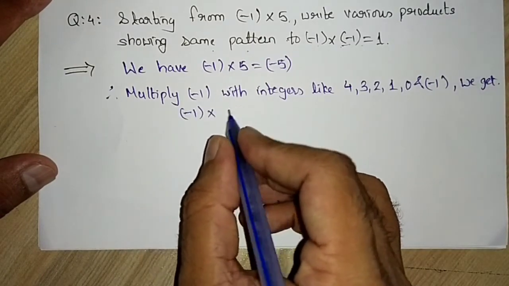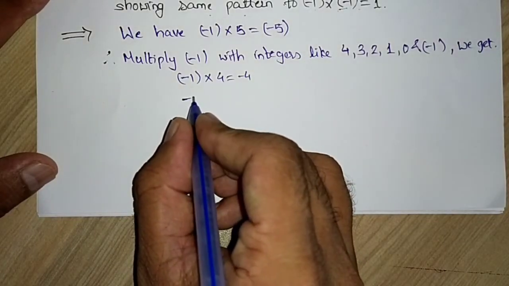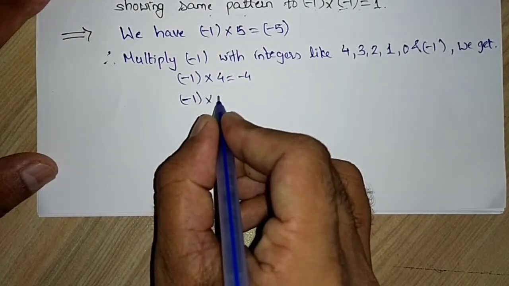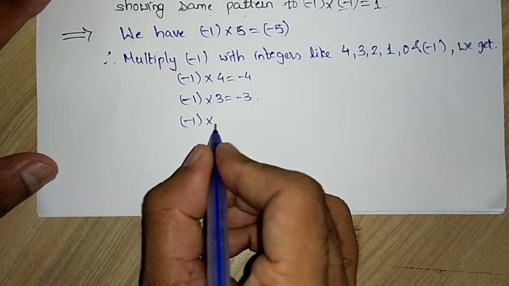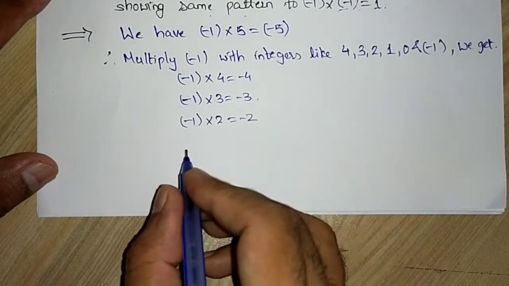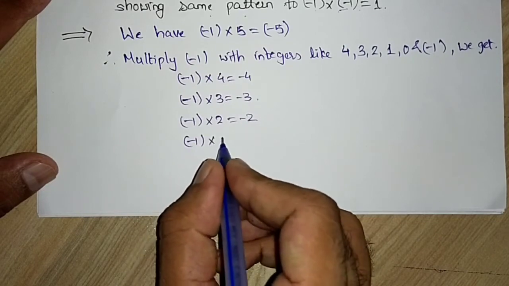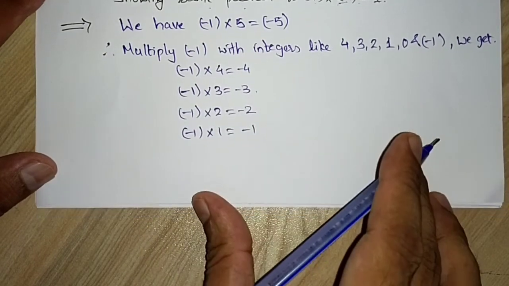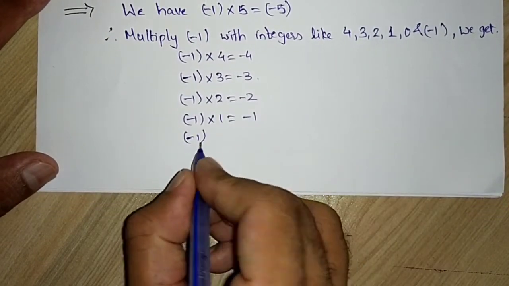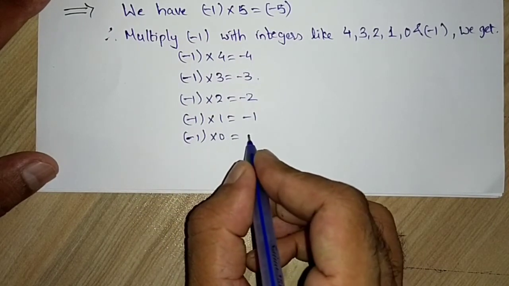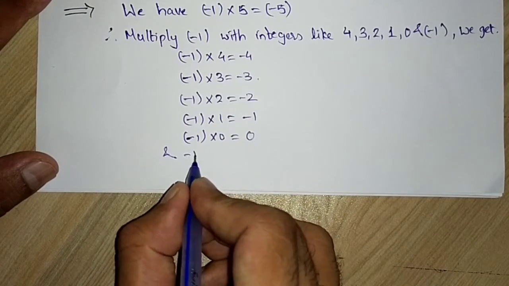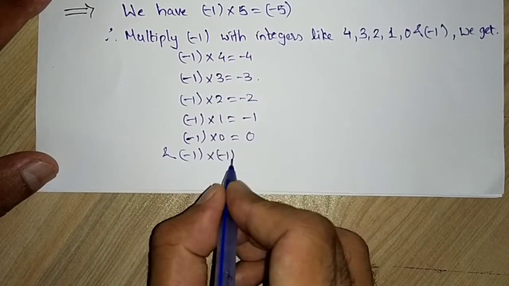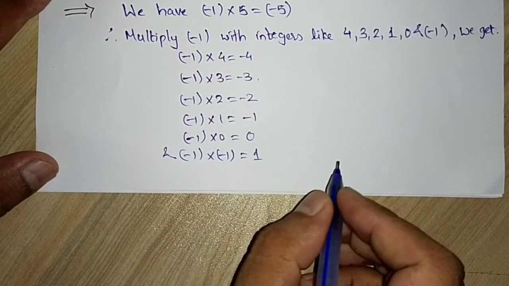We will reach minus 1 into 4 is equal to minus 4. Minus 1 into 3 will give me minus 3. Minus 1 into 2 will give me minus 2. Minus 1 into 1 will give me minus 1. Minus 1 into 0 is equal to 0. And minus 1 into minus 1 is equal to 1.